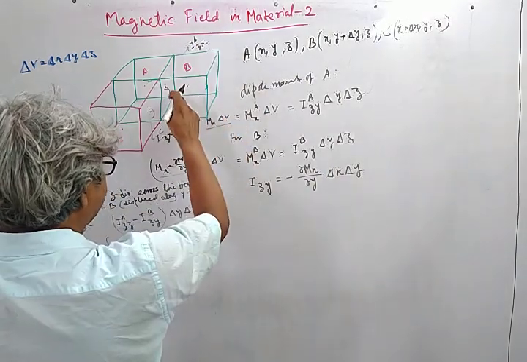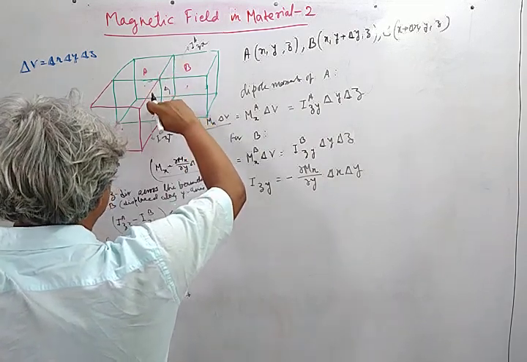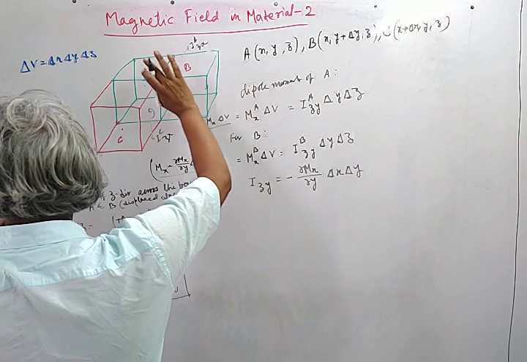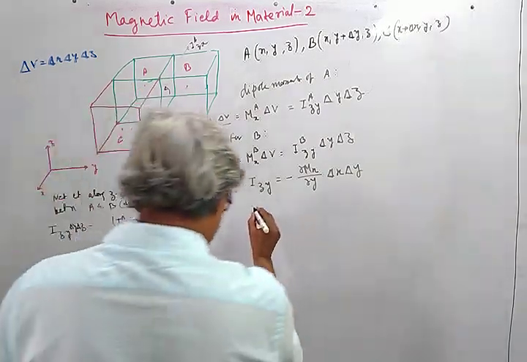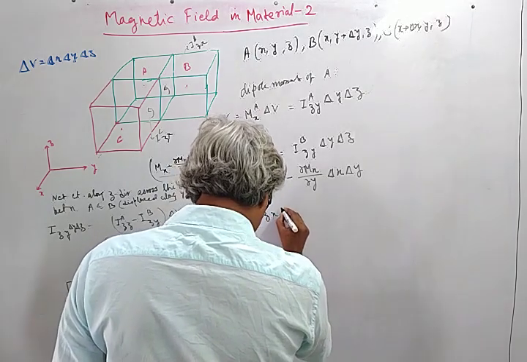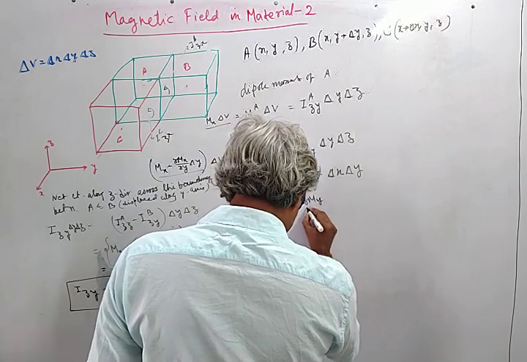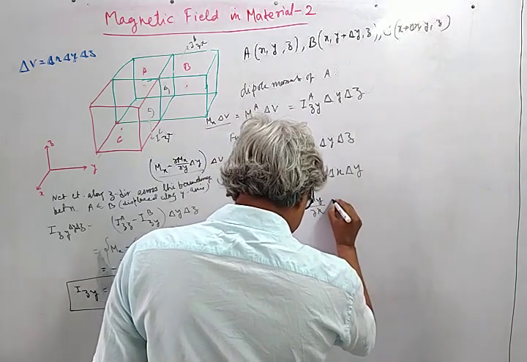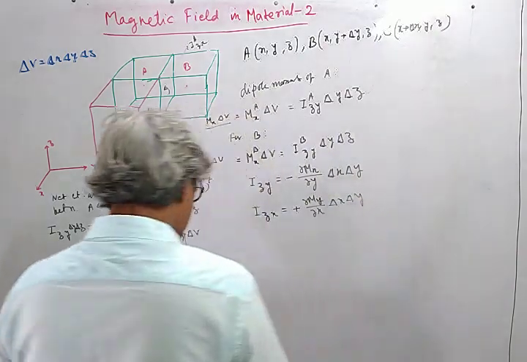The current due to A is in the downward direction and the current in C is in the upward direction. That's why the corresponding result comes out to be I_zx equal to plus (del m_y / del x) delta x delta y.